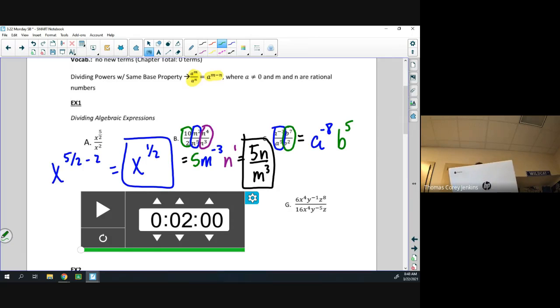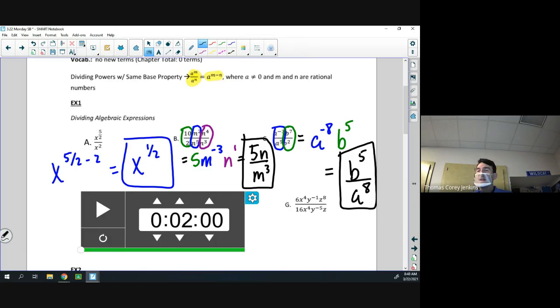Since we have a negative exponent... actually, can I get a volunteer? Luke, what's my final answer? Not a to the 8 over b to the 5. Let's see. Sadie? b to the 5th over a to the 8th, right? So that would be correct. b to the 5th over a to the 8th.